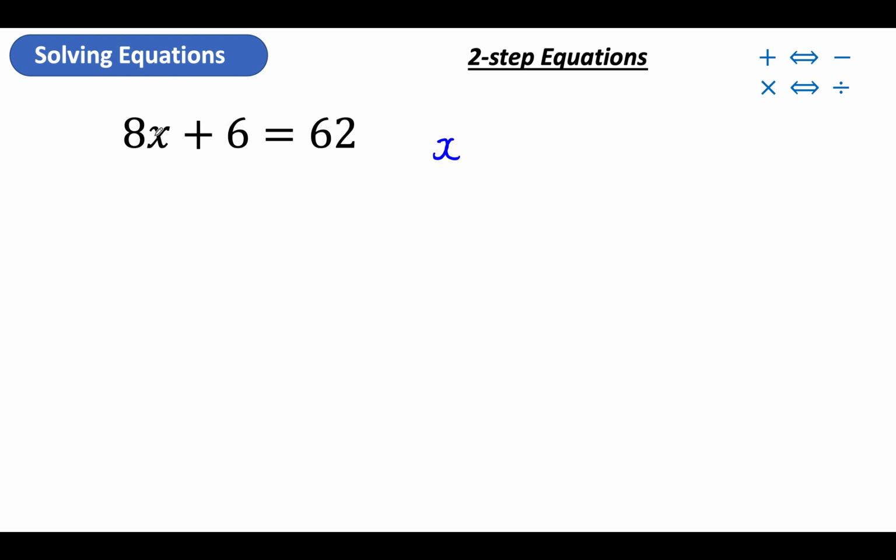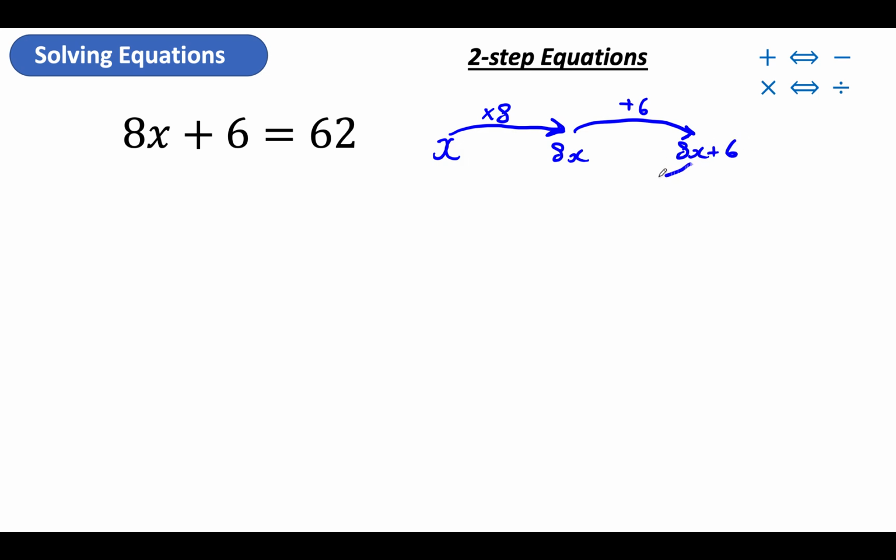We actually times it by this 8 first, because it's touching the x, it's timesing, so that comes first. That gets me 8x. And then after we've done that, we add the 6. So it becomes 8x plus 6.